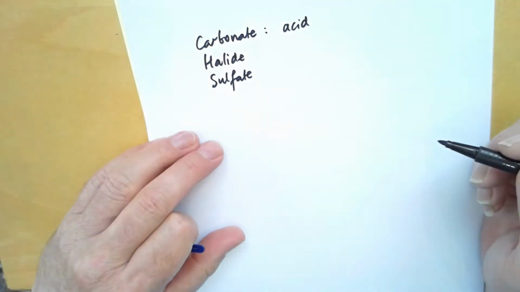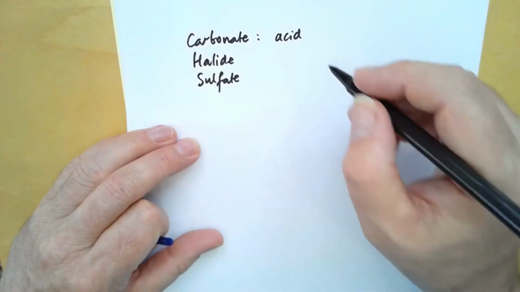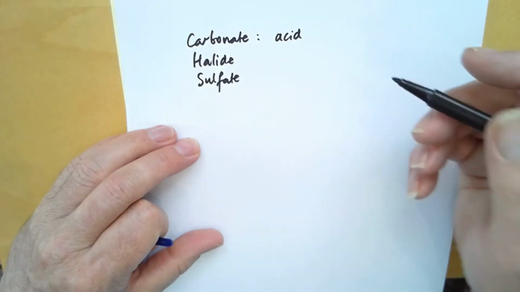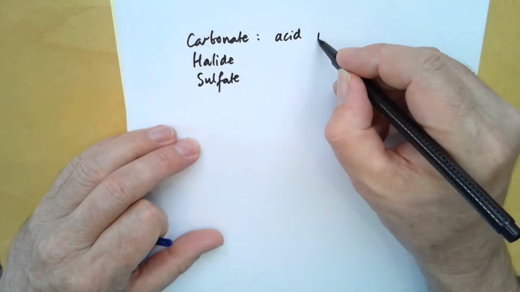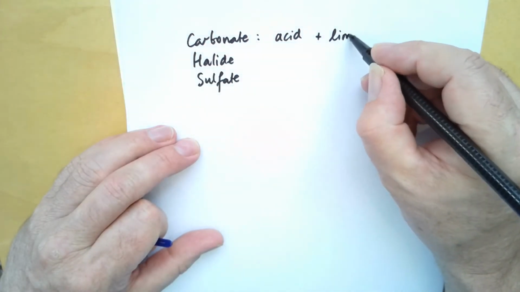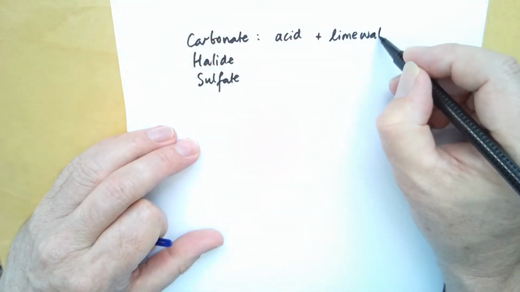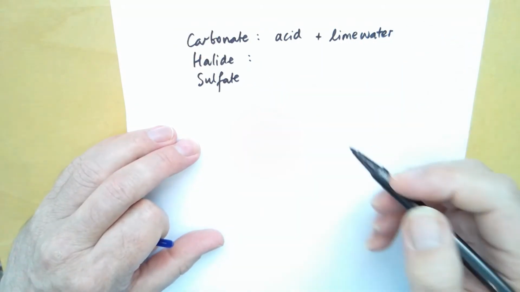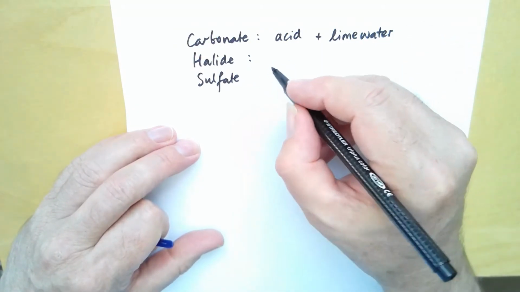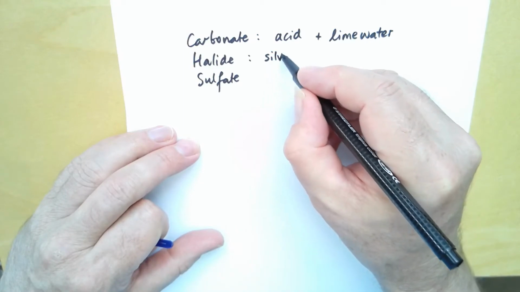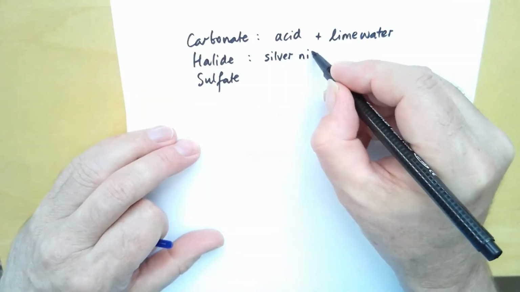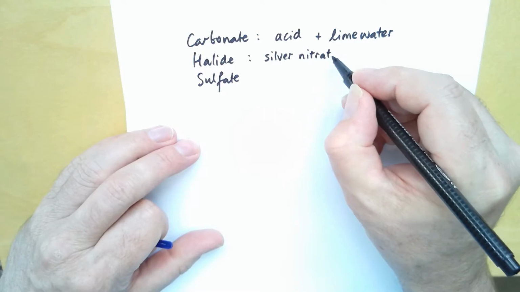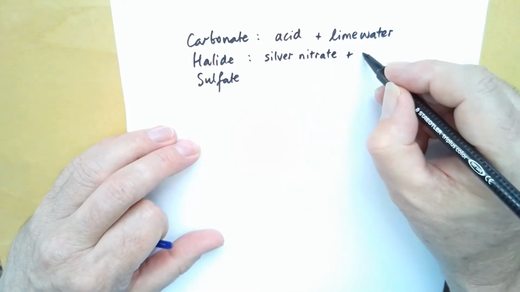We put some acid in with that and it produces carbon dioxide gas. And to test for carbon dioxide gas, we need some lime water. Halide tests, we need some silver nitrate solution and a bit of nitric acid.